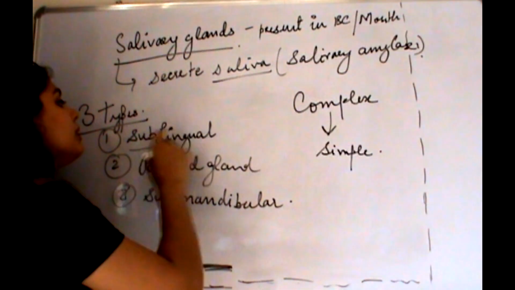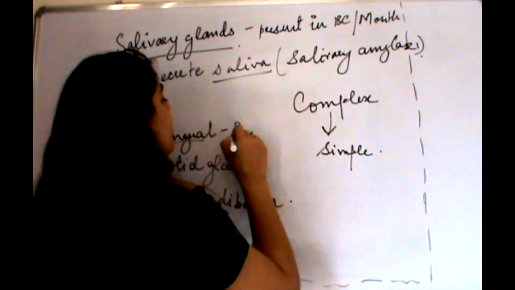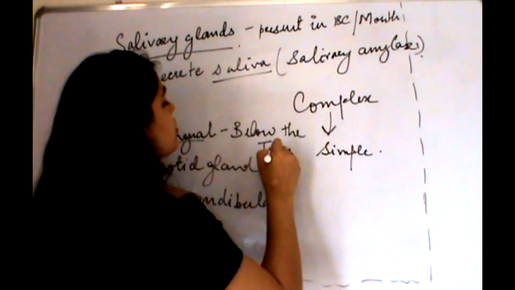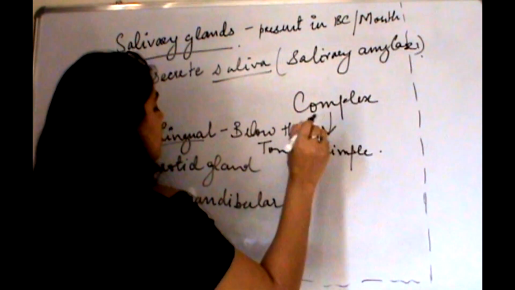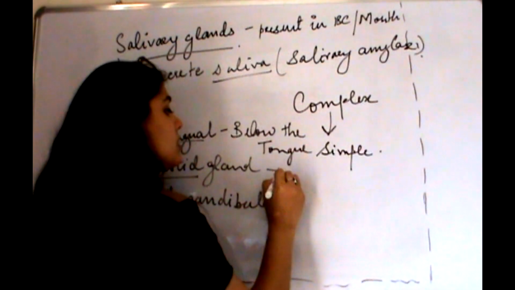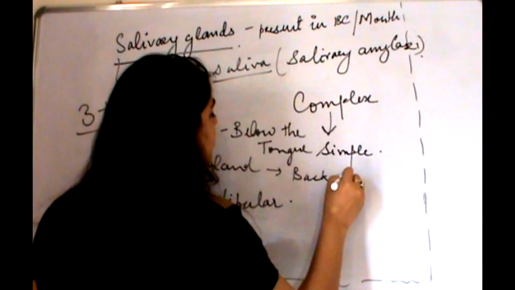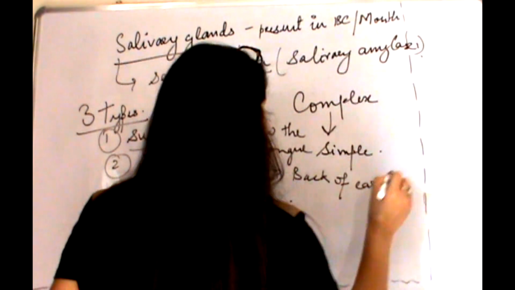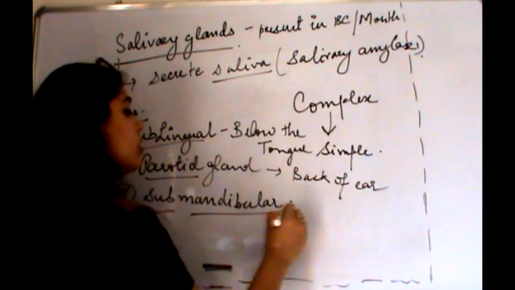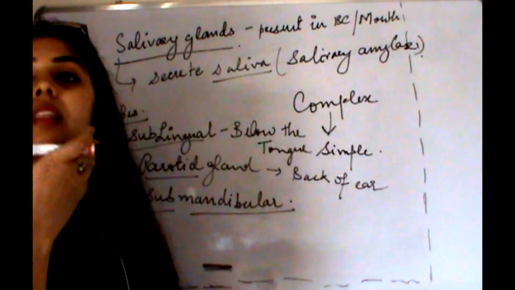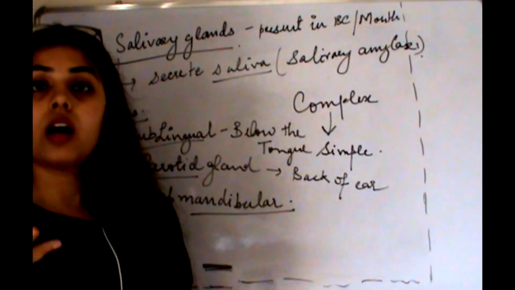The sublingual gland is present below the tongue, okay? The parotid gland is present at the back of the ear, and for the submandibular gland, as you must have heard, the lower jaw is known as the mandible and the upper jaw is known as the maxilla, right?